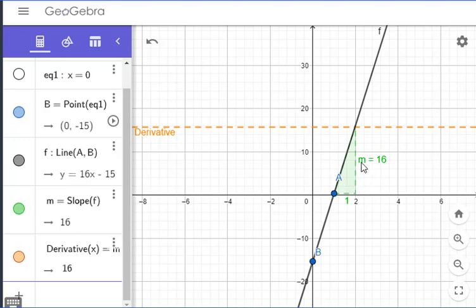The reason why the slope of a linear function equals the value of the derivative is that at any point on the linear function, when you draw the tangent line, it overlaps with the original linear function. In other words, the slope of a tangent line equals the slope of the linear function.